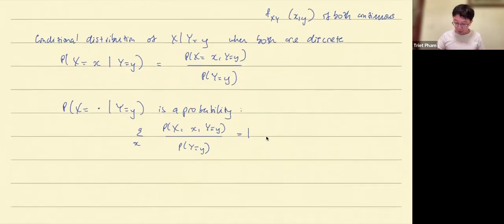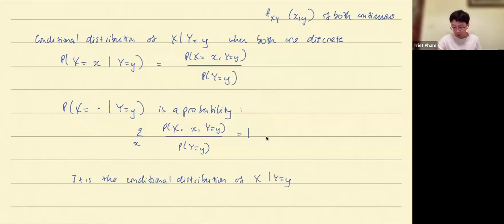So this right here is referred to as the conditional distribution of x given y equals little y.